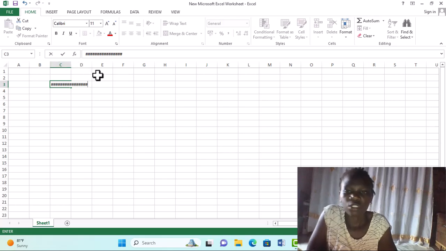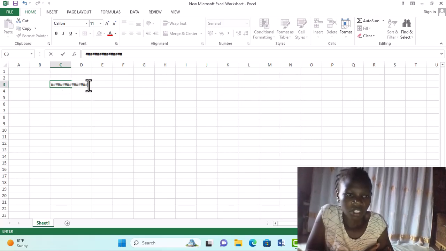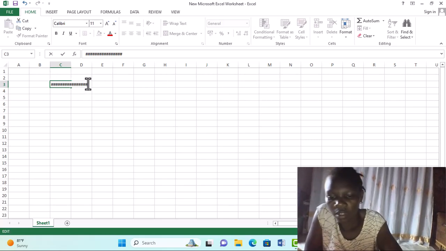Immediately you increase that cell, these things will disappear, because it means you've increased the range at which your values can fit. So that is the first error in most cases we can encounter as we are working with Excel.